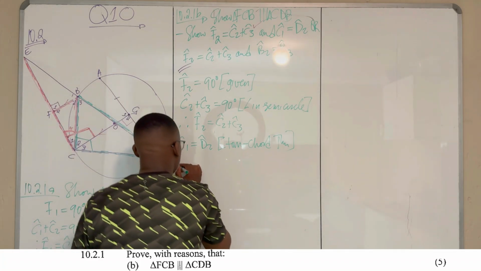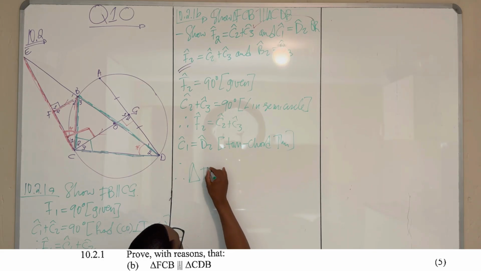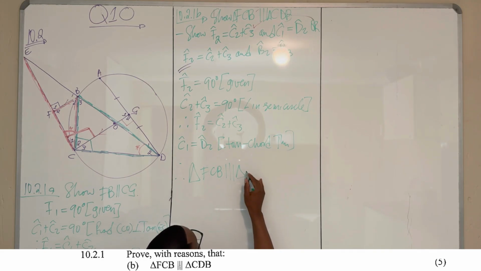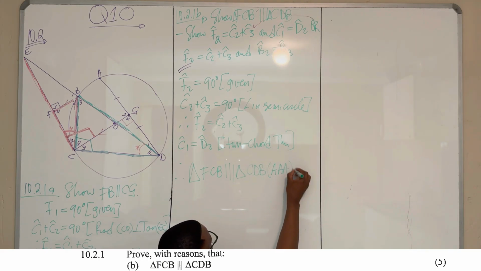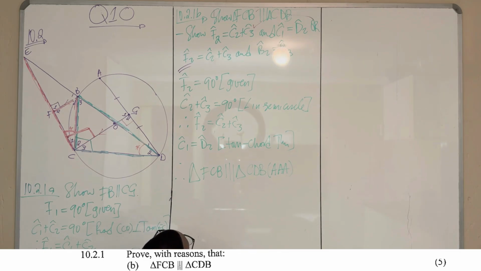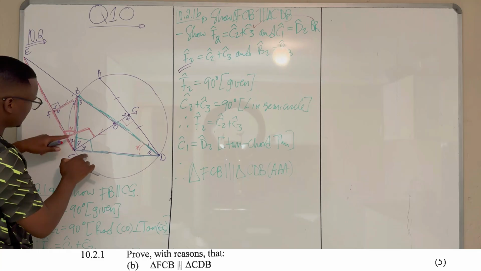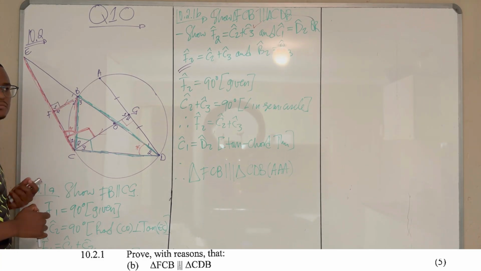So, therefore, triangle FCB is similar to triangle CDB, by angles. These are equiangular triangles. This angle is this entire angle here, this one is that one over there, and this one is that one over there. We're done.